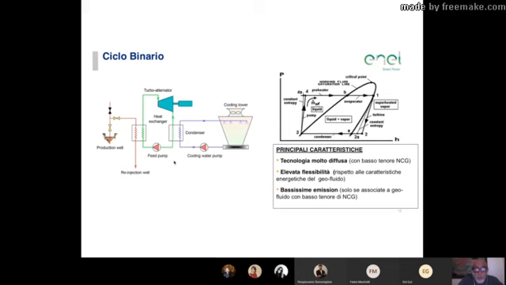Now, if your fluids are not very clean, then you had better use a binary cycle plant right away, where you have no emissions. But you can do this only if your non-condensable gases are low in content. Otherwise, you won't be able to use it.